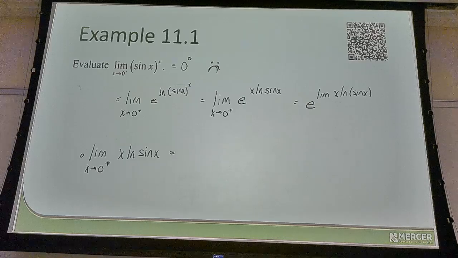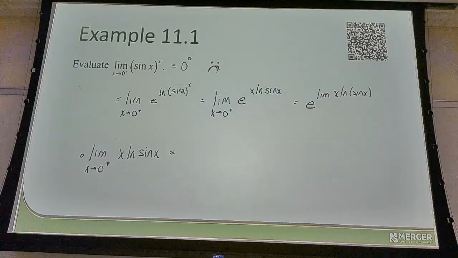It has to do something with the sign. What does sine do as you approach 0 from the right? It goes to 0. How does it go to 0? Positive, from the right. All the values are positive. That's why it's negative infinity.